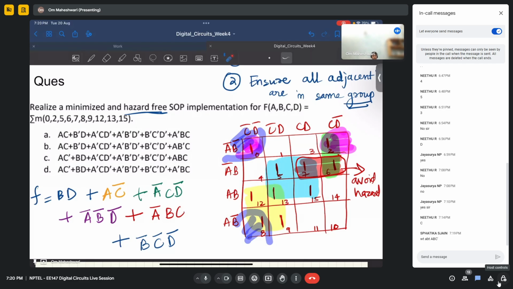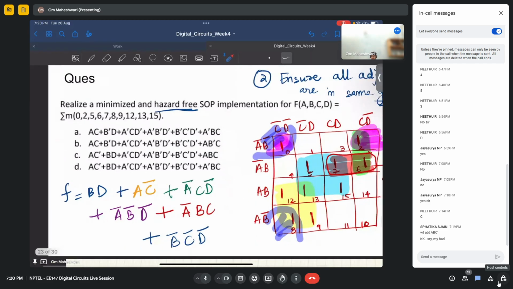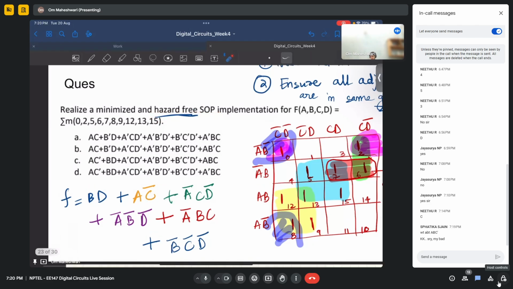Is it clear, Shatika? We have taken care of all the adjacent ones. So this is our SOP implementation, hazard free. So which option does it match? We have BD in these two options. AC bar in both the options.